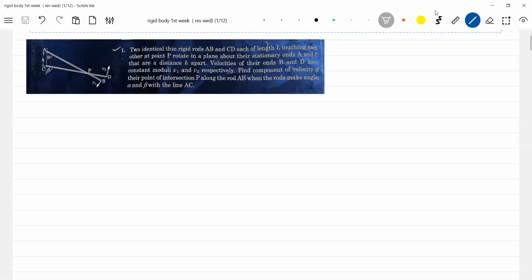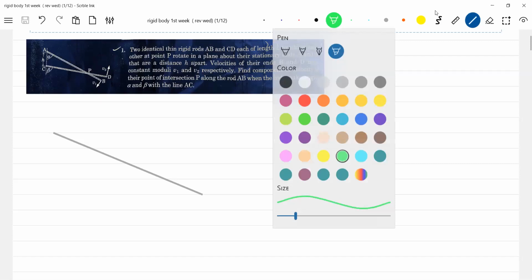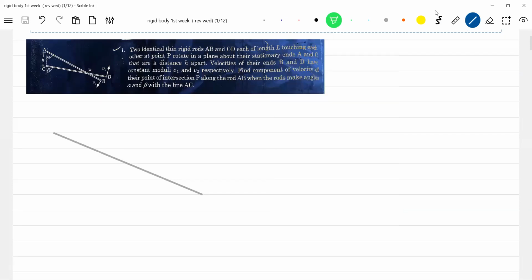I'll set the diagram. Okay, these are the two rods.